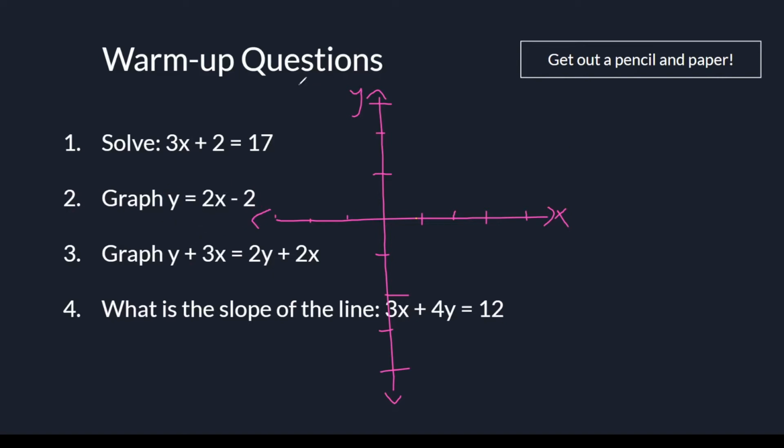So the last question asks you, what is the slope of the line 3x plus 4y equals 12? Daniel, do you want to try this? I don't understand the problem. Okay, yeah. So the slope, let me explain it.